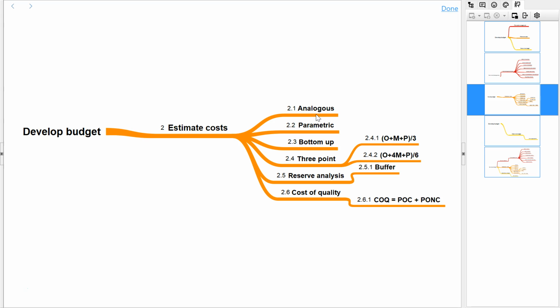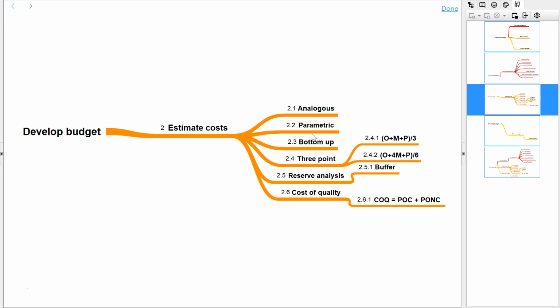Analogous estimation is all about comparing with a similar activity performed in the past and then taking those numbers for estimating the current instance. Then parametric estimation.